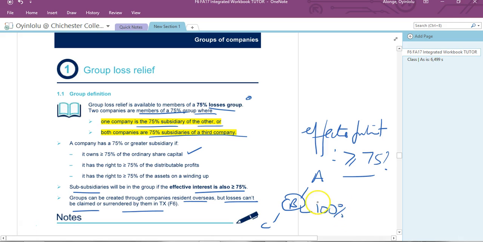If A owned 100% of B and B owned 100% of C, A could transfer losses to C, and C to A, but B cannot receive or claim any losses because it is not resident in the country.